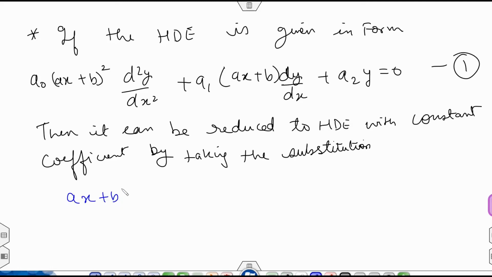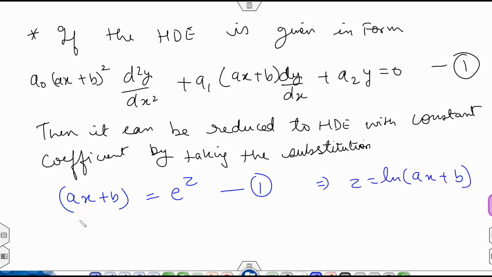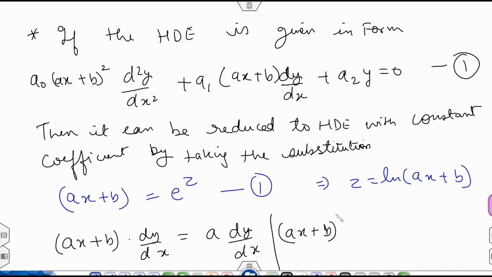We consider ax plus b equal to e to the power z, and this implies that z is equal to ln(ax plus b). Using the earlier methodology, we find that (ax plus b) dy by dx is equal to a dy by dz, and (ax plus b) square d square y by dx square is equal to a square times (d square y by dz square minus dy by dz).